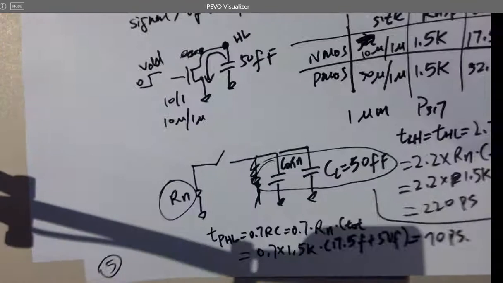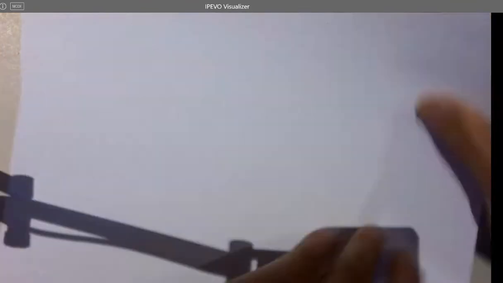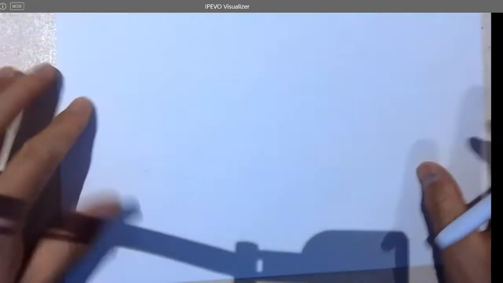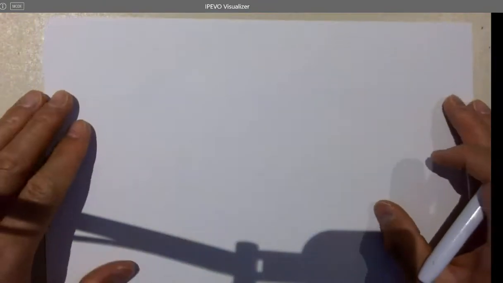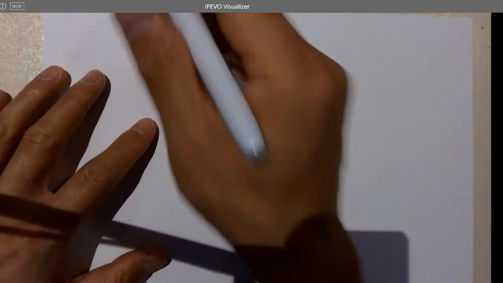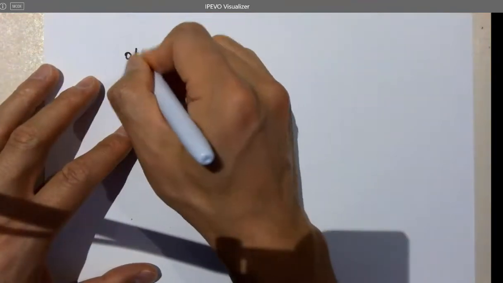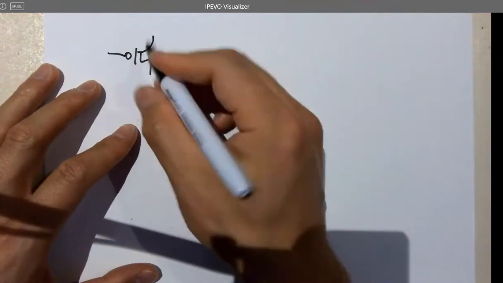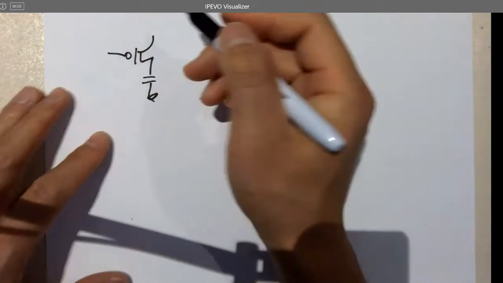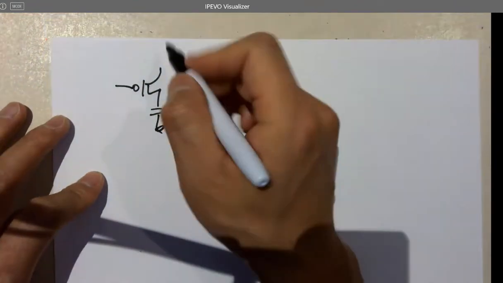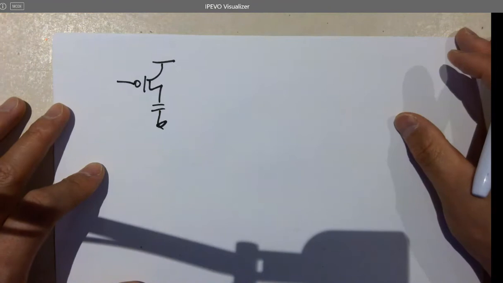And now let's look at the model for the PMOS. That's C load.